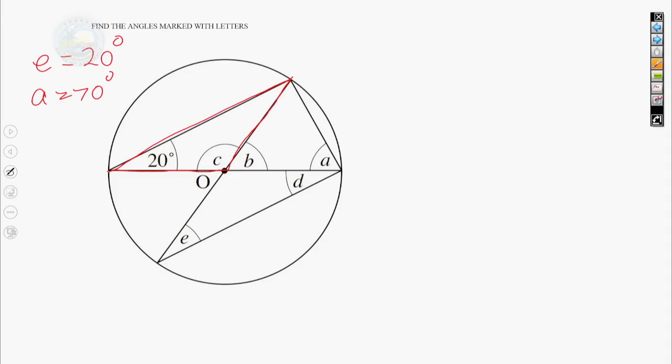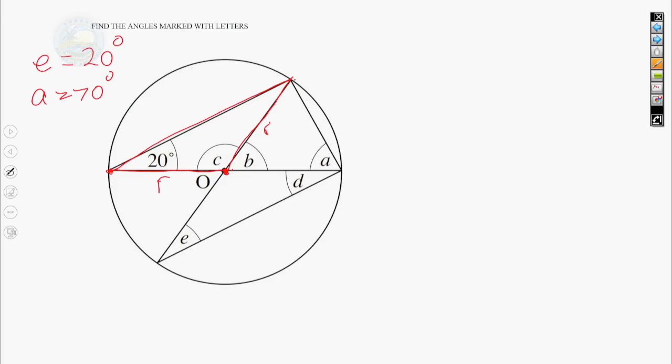Do you realize that this side, because it's coming from center to circumference, will be the radius, which we're going to call R. And because this is coming from the center to the circumference, this side will also be a radius, which we're going to call R. Now, what kind of triangle has two sides that are the same length? An isosceles triangle. And what is the rule about isosceles triangles?